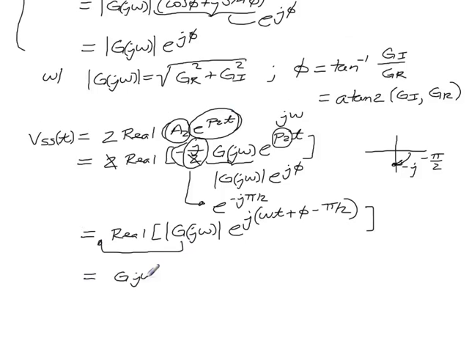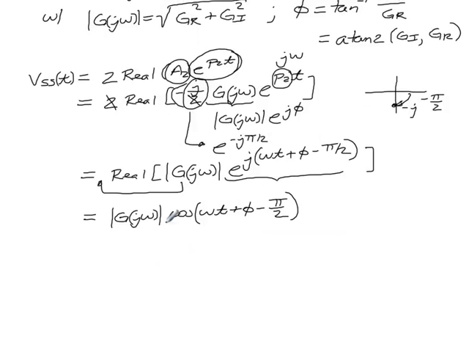So this is the modulus times the real part of e^(jωt...), well, the real part of that's just cosine: cosine(ωt + φ - π/2). And we know that if we phase shift a cosine by minus π/2, it's the sine(ωt + φ).